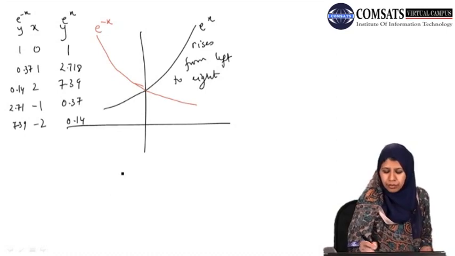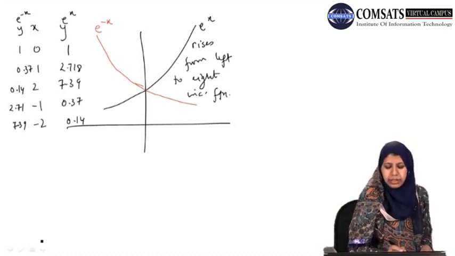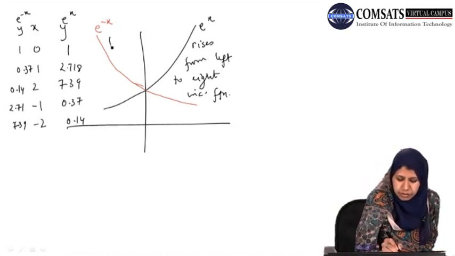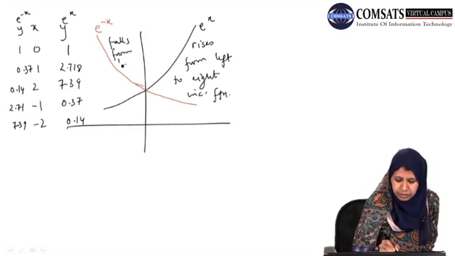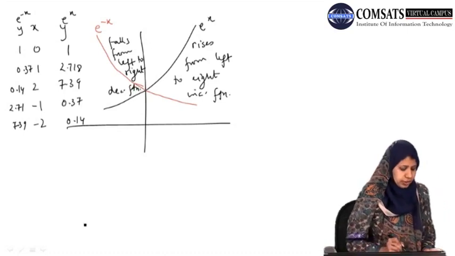So this is the graph of an increasing function, and the graph of e to the power minus x basically falls from left to right, and this is the graph of a decreasing function.